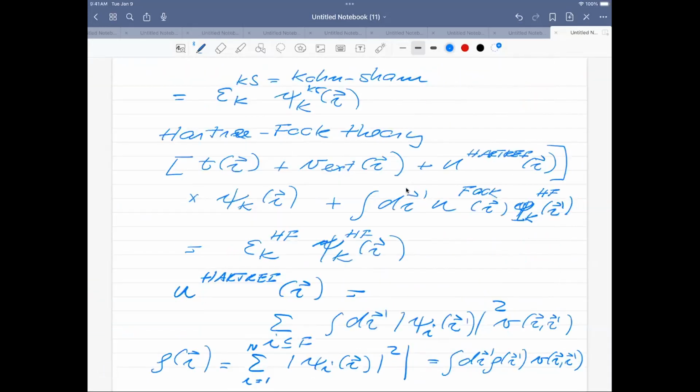If we go back to Hartree-Fock theory, we have this term, which we call the Fock term, which gives rise to a non-linear equation in the unknown quantities. And then we have the direct term, which is normally called the Hartree term.